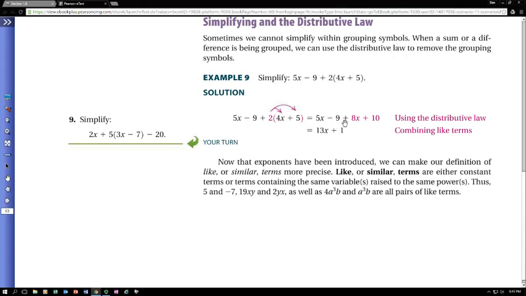Well, then I can group them together and use the distributive property to say, hey, I can factor out the common variable here of x and say that this is 5 plus 8 times the quantity times x, or 13x. Negative 9 plus 10 is 1.